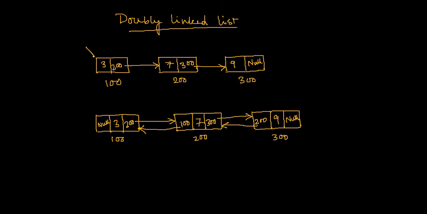For example, as I know, conventionally the list is pointed to by head. Say it is head 1, one variable, and say this is pointed to by head 2.